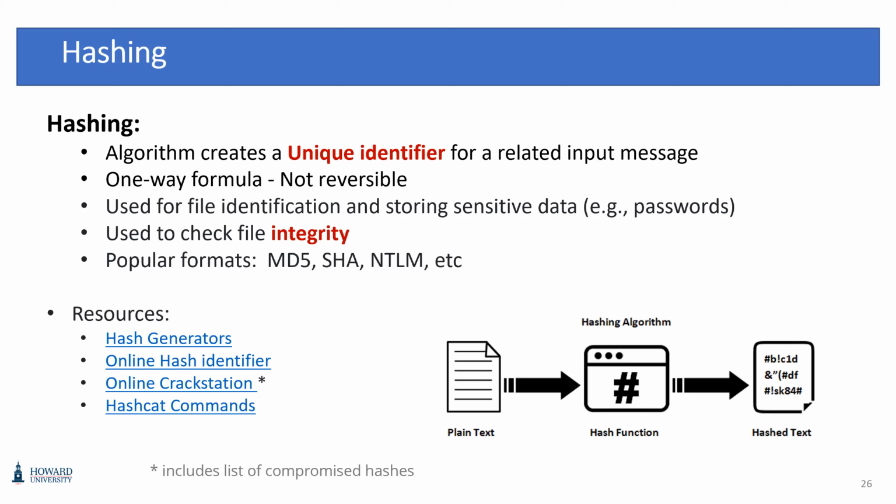There are tools you can use to generate hashes. There are tools to identify the hash: is it an MD5? Is it a SHA? Then there's something called CrackStation. The only way to go backwards on a hash, as I said, it's non-reversible, it's one way, is if there's been a data breach or a data compromise.